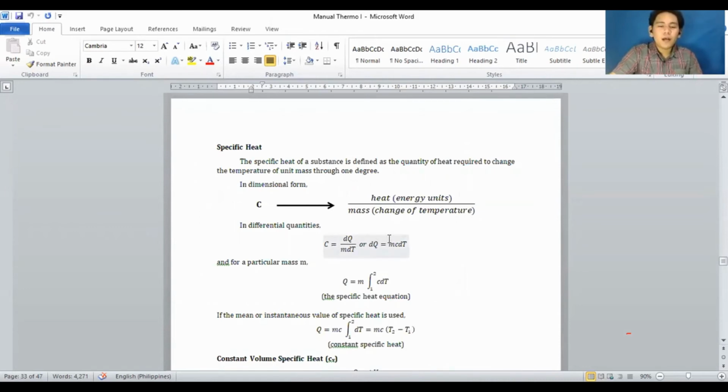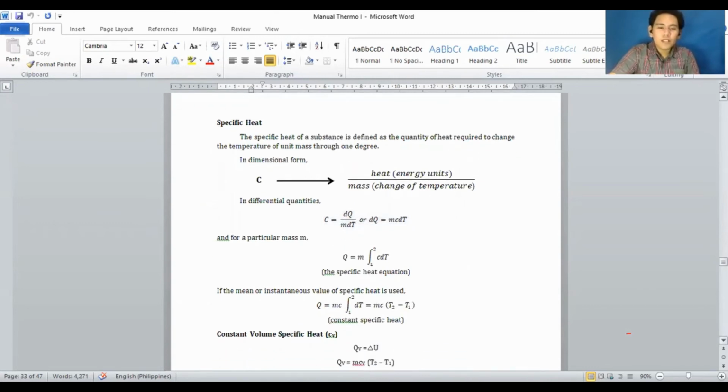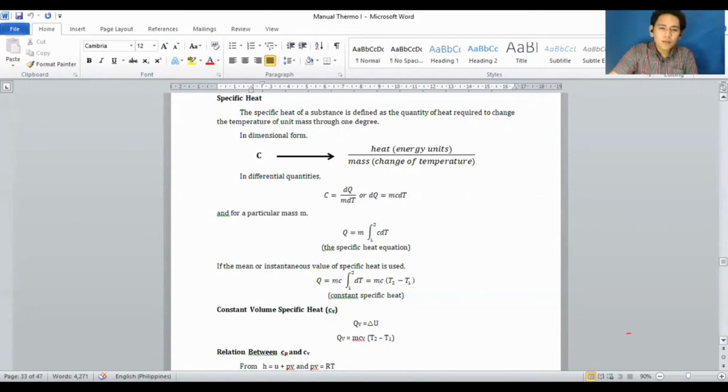So simplifying, dq equals mc dt. We have to transpose or simplify this equation. So we have an integration of m with limits 2 to 1, derivative of c dt, which is the specific heat equation.